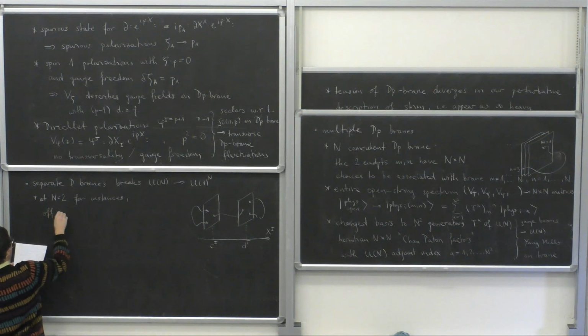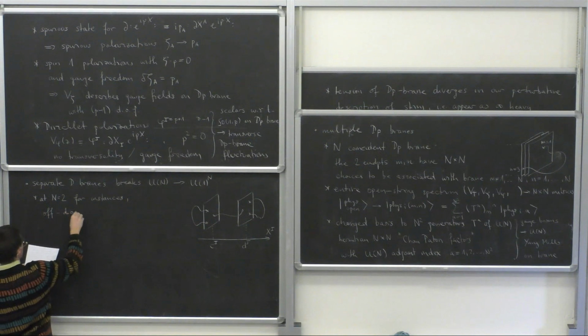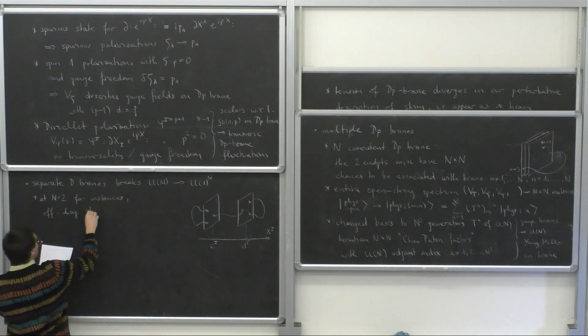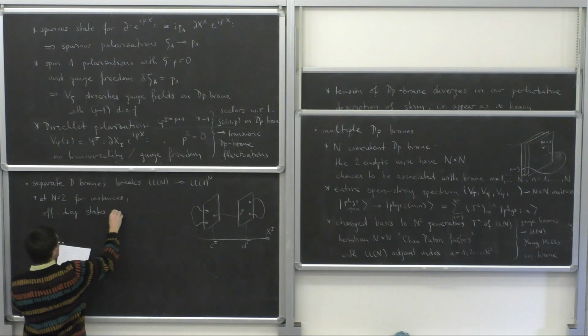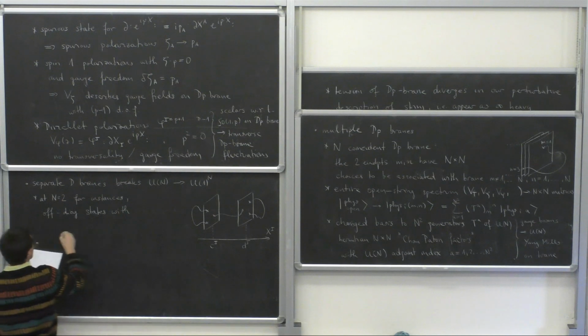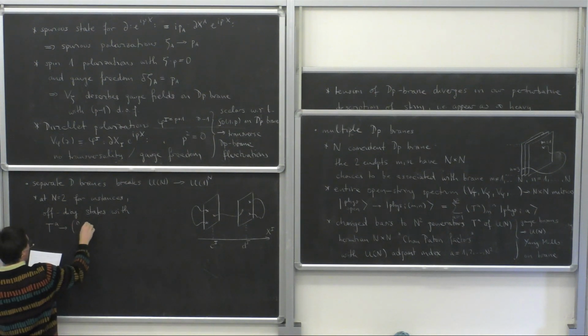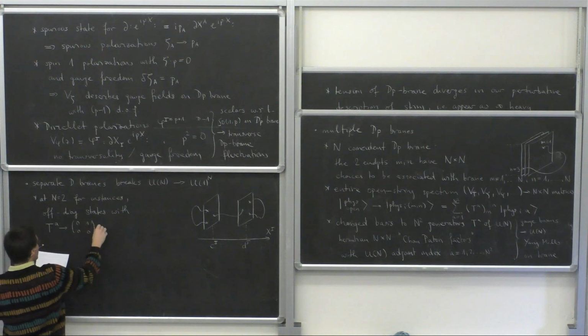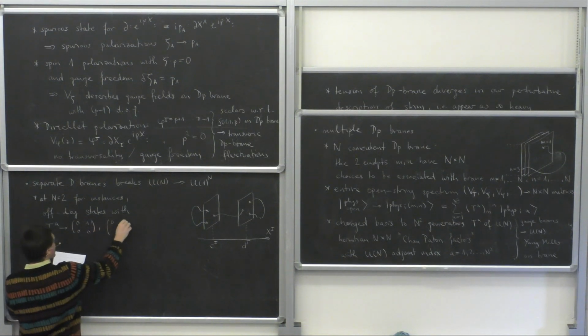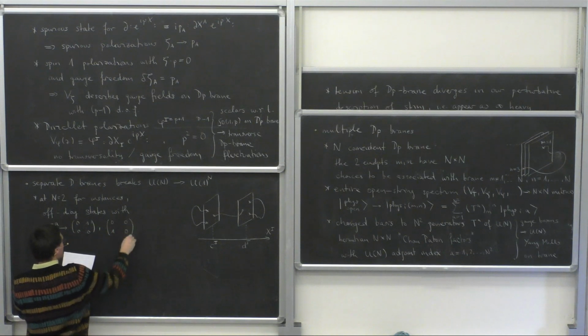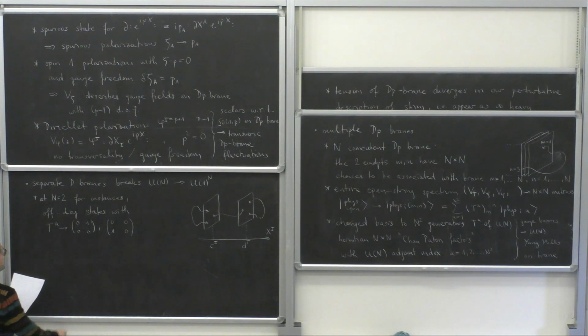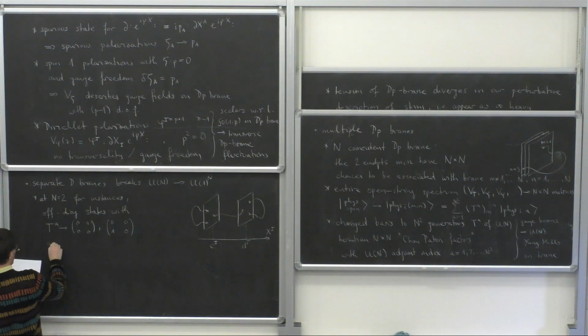Here are the Chan-Paton factors for the off-diagonal states. Among the four choices of 2 by 2 matrices, here are the two off-diagonal ones, or a choice of the off-diagonal ones.